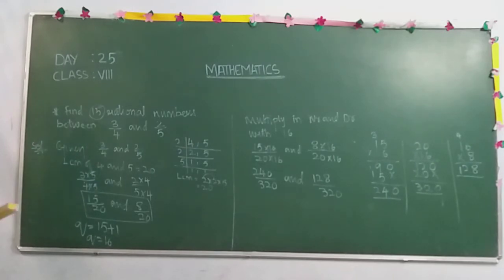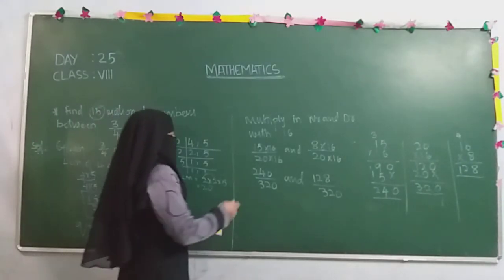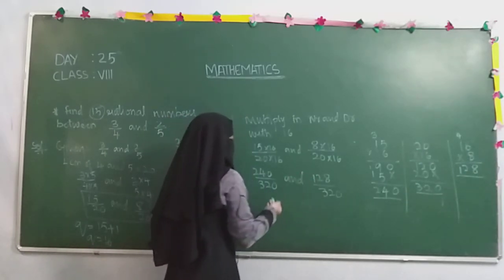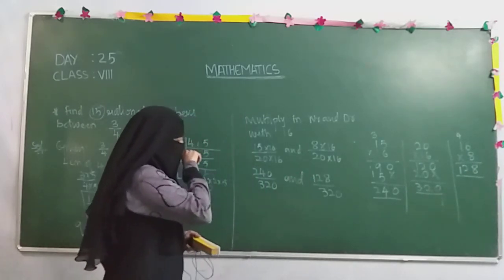Okay? Now you will get any number of rational numbers between these numbers, but we only need to calculate 15. So between this 240 and 128, let's begin with 128. What is the number less than 128?